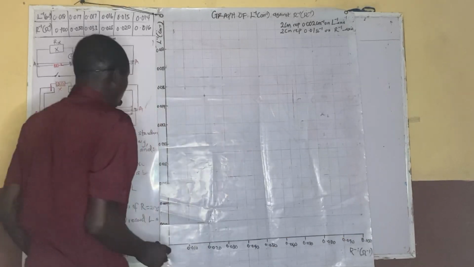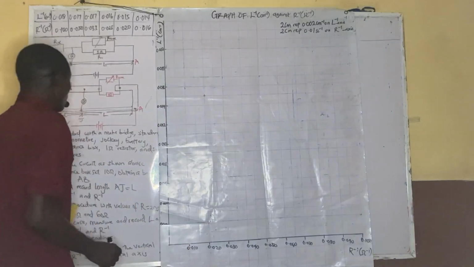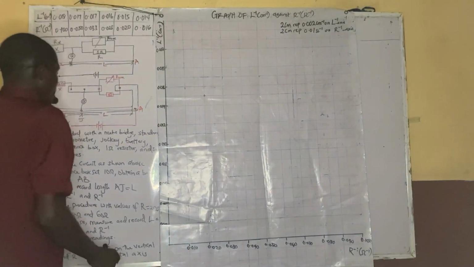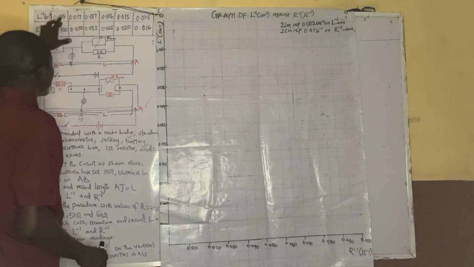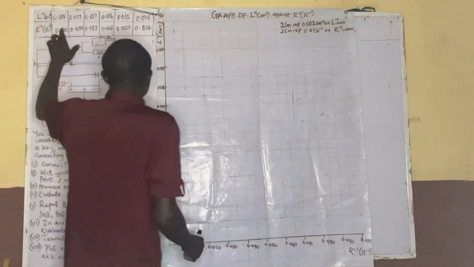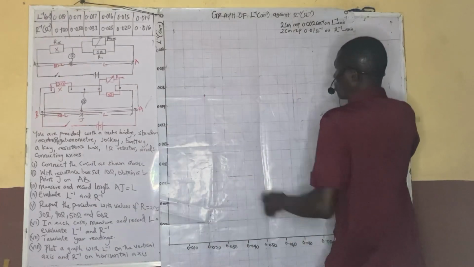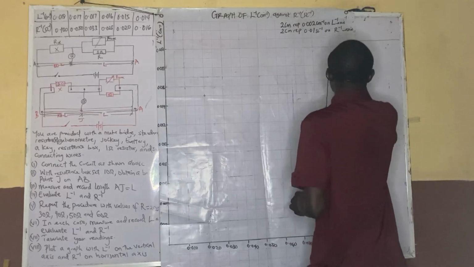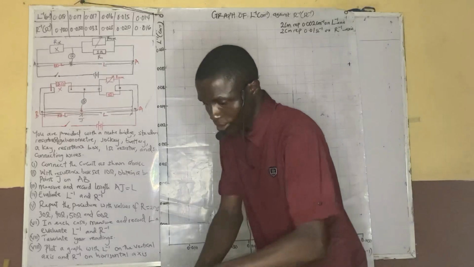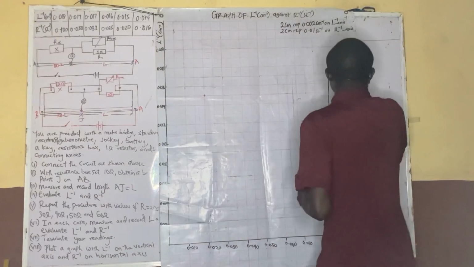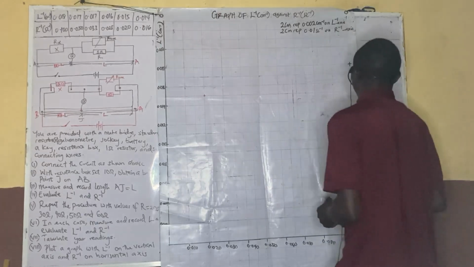So now, with this now, let's locate our graph. The first point here is what? 0.018 against 0.1. So your first point is here.